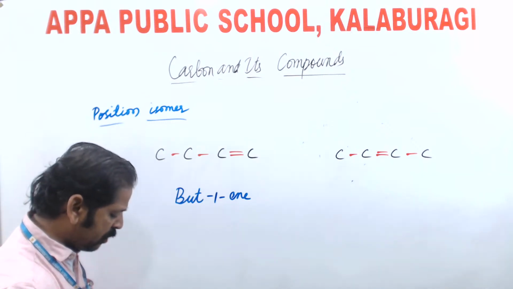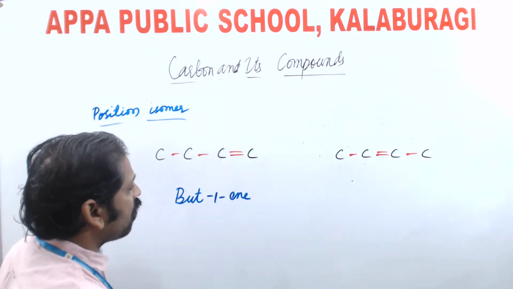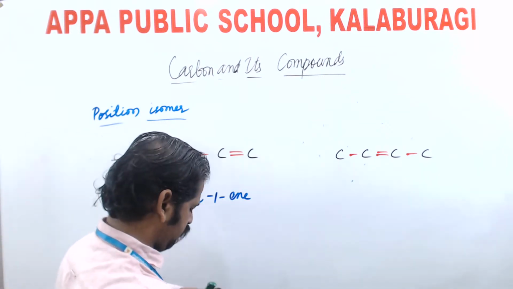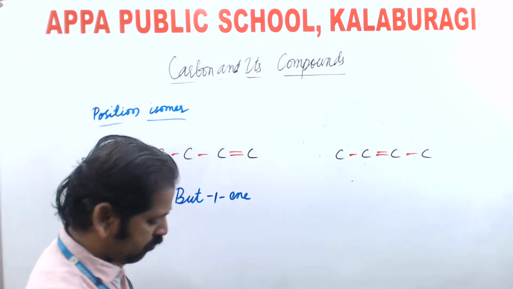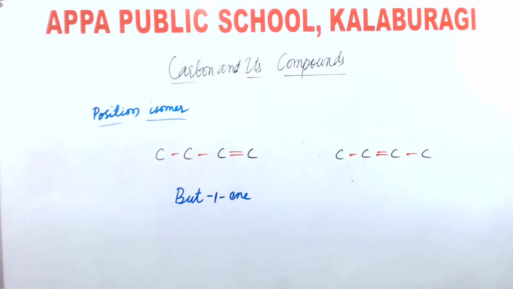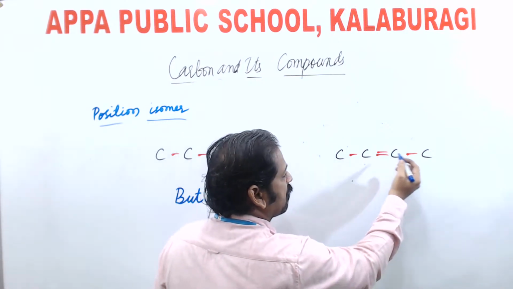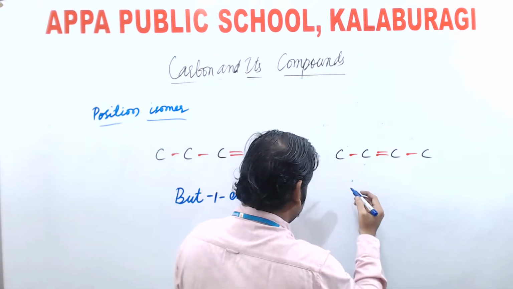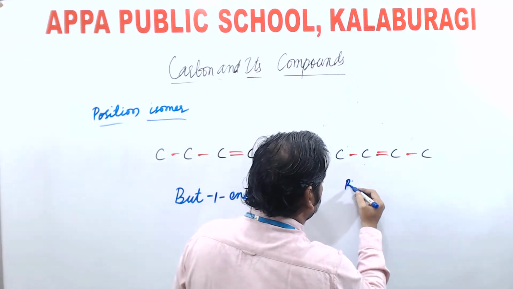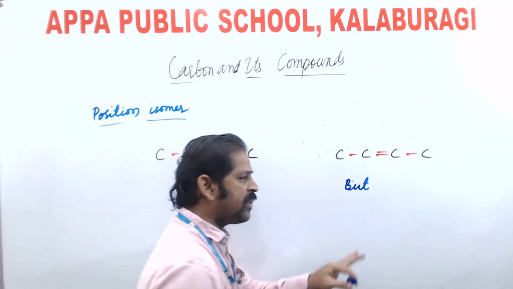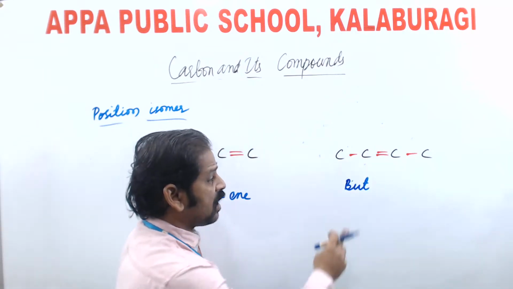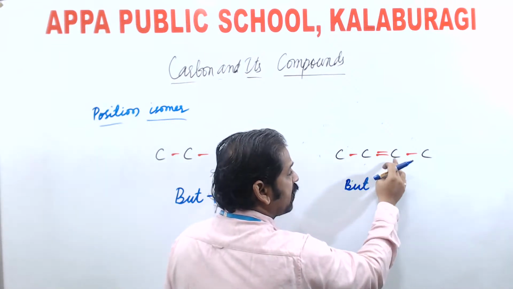Positional isomer. Here what we are mentioning, once again number of carbons are 4. But because we don't have any branches here, the double bond portion is after the second carbon.